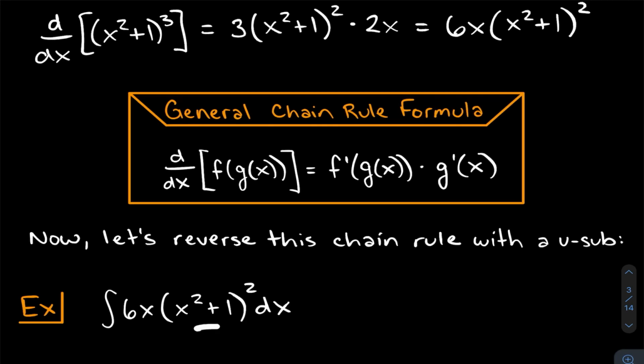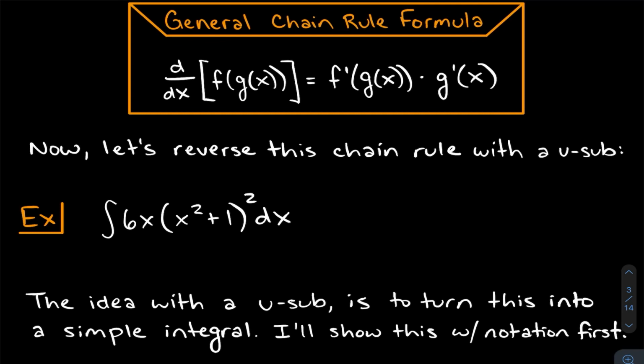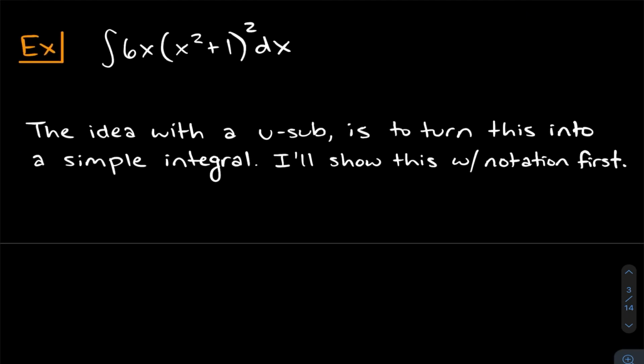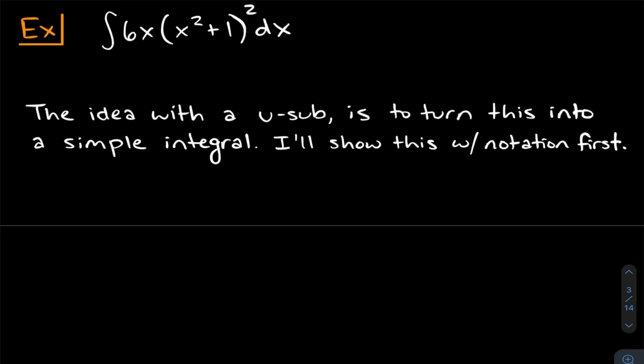I mean, we could if we distributed this out with that square and all that, and we multiplied it on the 6x, but that takes too long, right? Or at least it will if you have something like a cube or a 4 or a 5 or whatever. And so that's where u-substitutions come in. And so, like I said, the idea is to turn this into a simple integral. We're going to do that now.